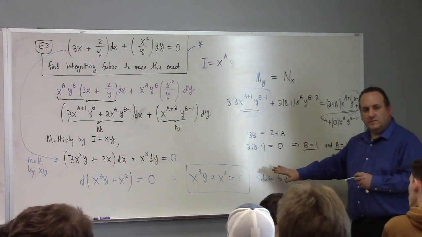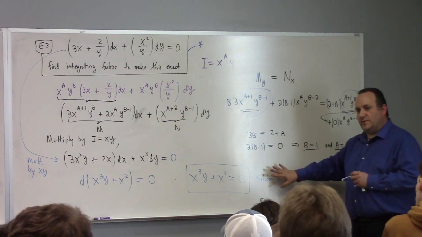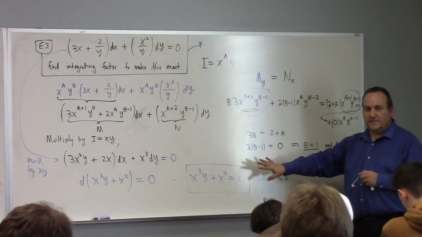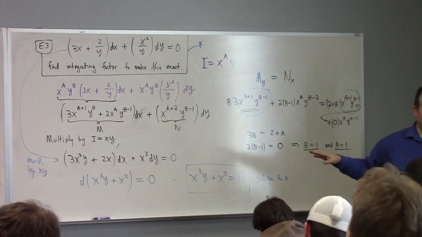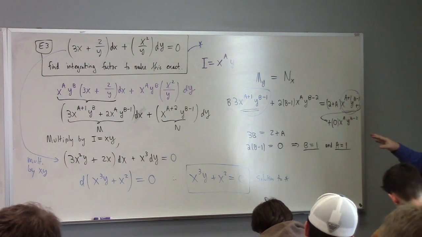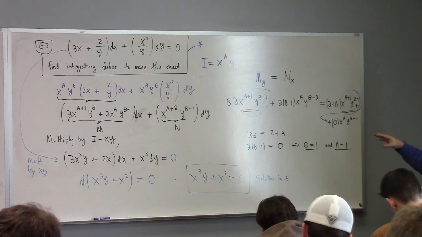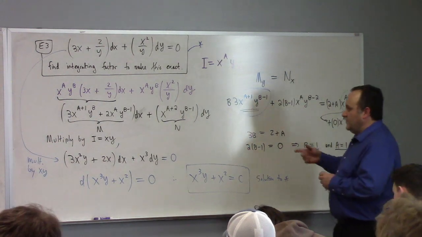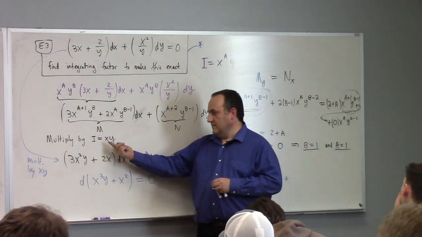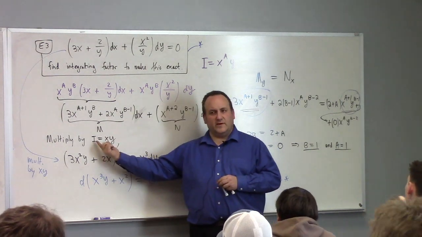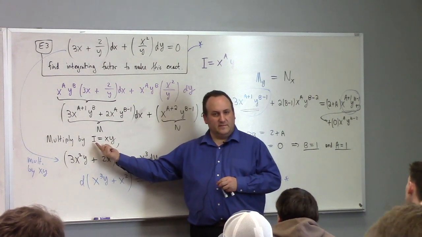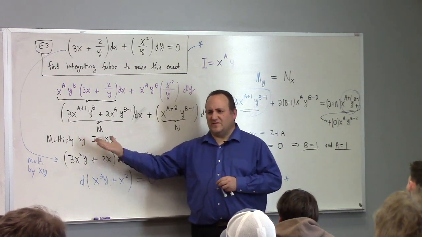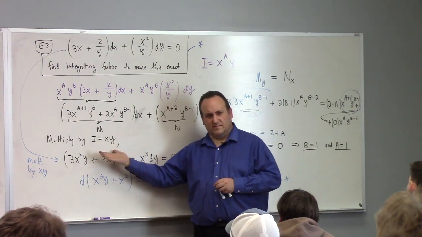This is almost true. There's one problem. This boxed solution here includes some extraneous solutions, right? Solutions that we have adjoined to the solution set by multiplying by the integrating factor. Notice that this integrating factor is 0 when either x or y is 0, right? So if you're multiplying by something that's 0, you're destroying any information that was there before, right?